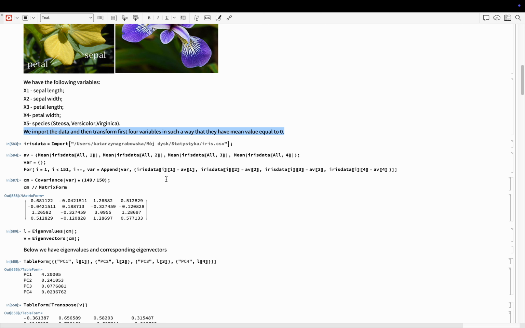When we were discussing multiple regression, we were interpreting the correlation matrix and covariance matrix as a matrix of some scalar product defined on the set of variables. And here we do the same. We interpret our covariance matrix as a matrix of some bilinear form defined on the set of variables.